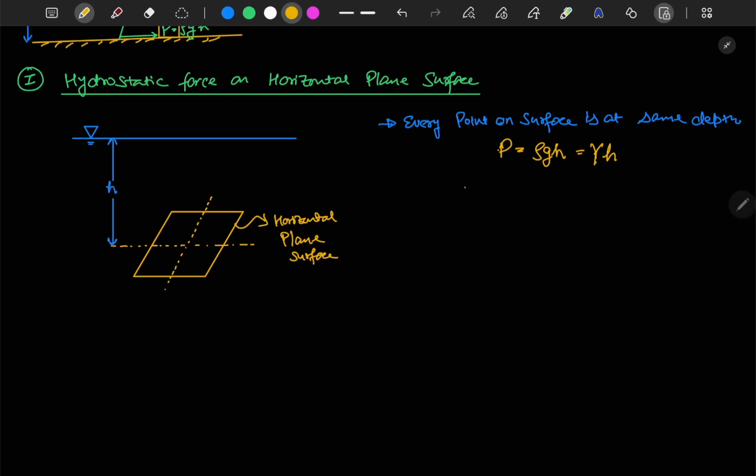And the total force is pressure times area, which is equal to rho g h A, or gamma h A.